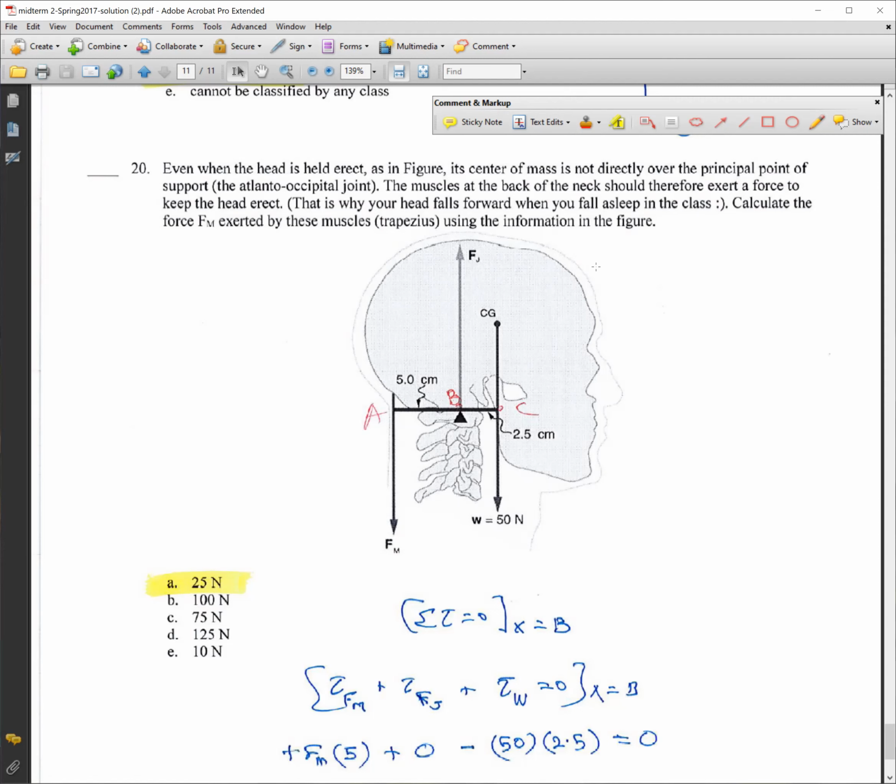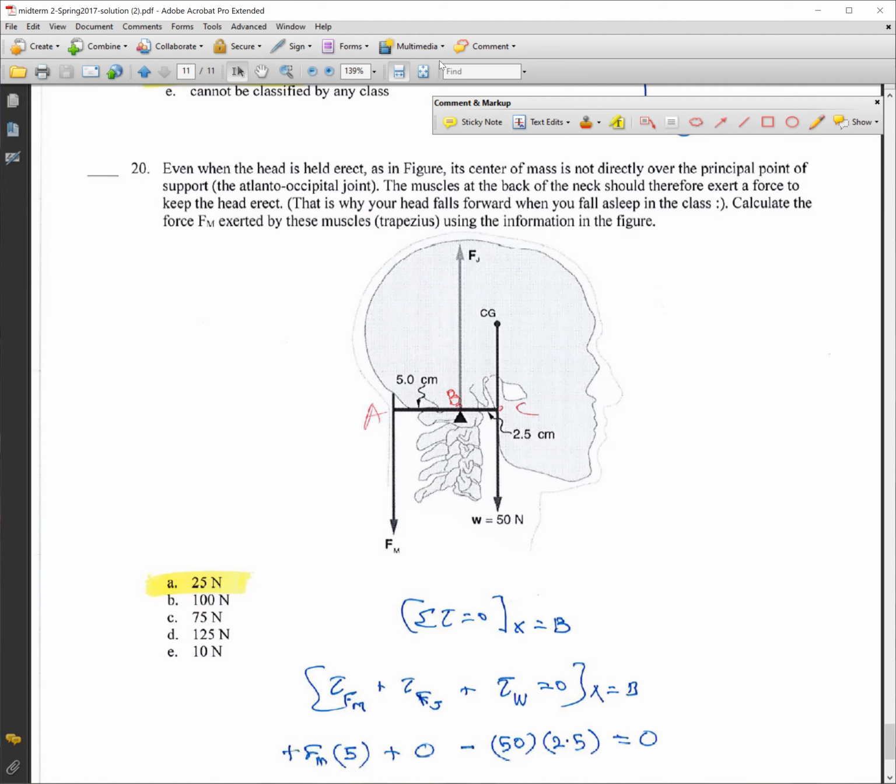The muscles at the back of the neck should therefore exert a force to keep the head erect. That is why your head falls forward when you fall asleep in class, for example. Calculate the force Fm, the force of the muscles, exerted by these muscles, trapezius, using the information in the figure.